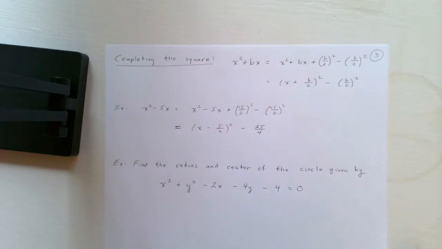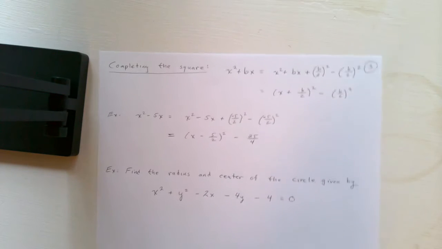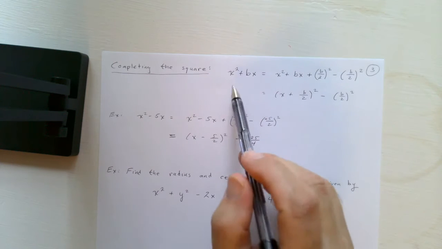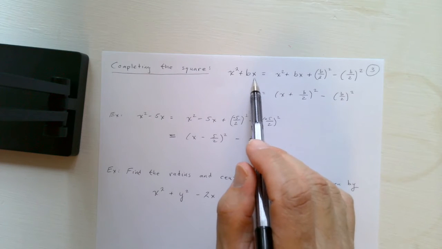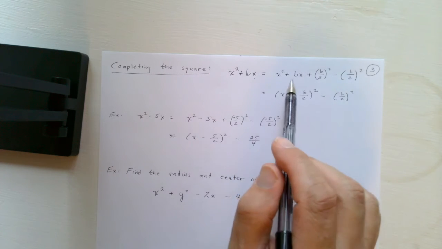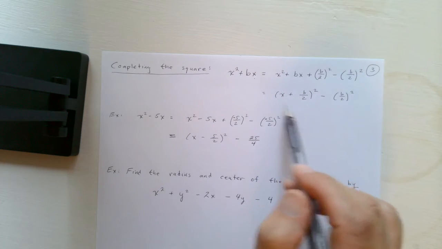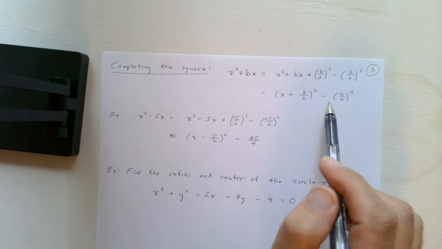The last type of example requires us to review completing the square, which maybe some of you have seen before. What this boils down to is whenever we have x squared plus some constant times x, we can always add and subtract a constant, so that we can write this as something x plus something squared minus something squared.